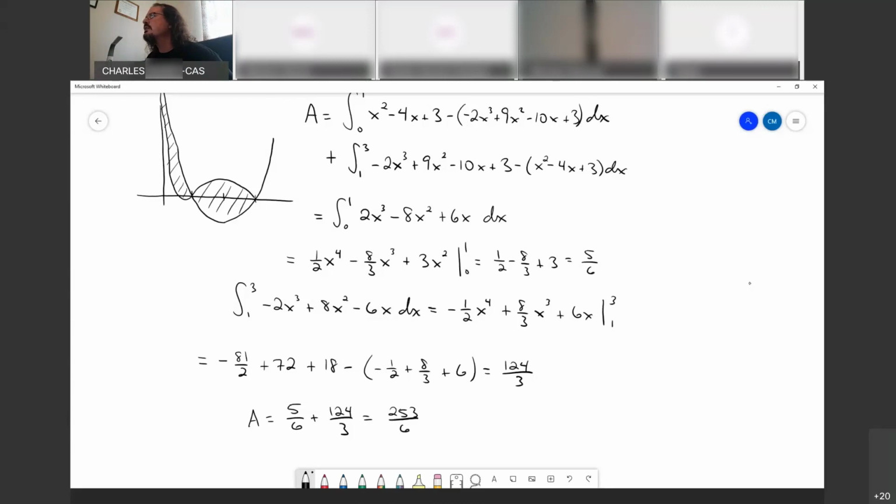Did I screw up the antiderivative on that one? Oh, I sure did. I even had it right on the first one there. Sorry about that. Let me fix that. So that should have been, yeah, I had that right on the first part, didn't I? 3x squared. Great. So that's going to change a couple of things, isn't it? Yeah, so that's going to change this 18 to a, let's see, minus, yes, right.